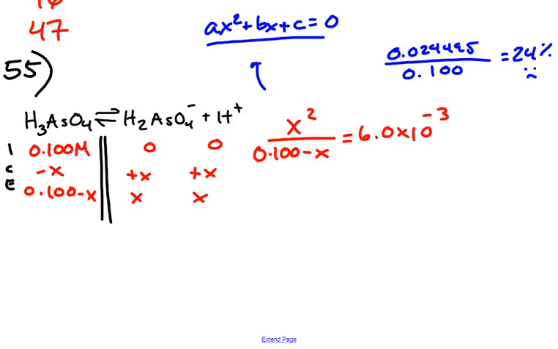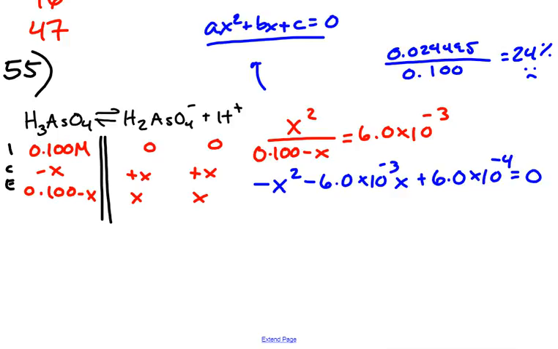Negative x squared minus 6.0 times 10 to the negative third x plus 6.0 times 10 to the negative fourth equals 0? Yeah. Okay. I wasn't ready for the negative. It threw me off.